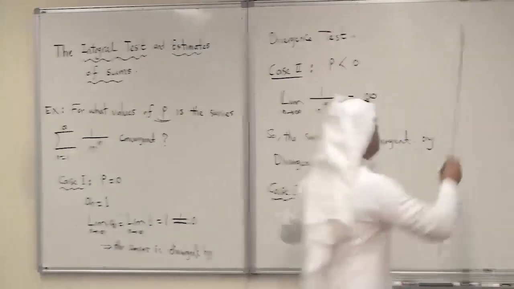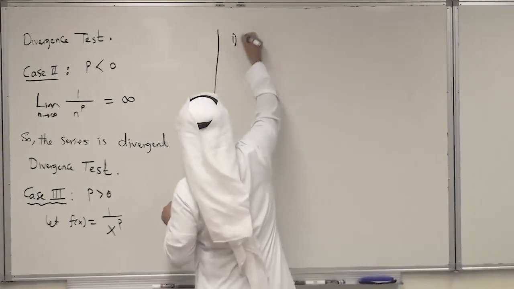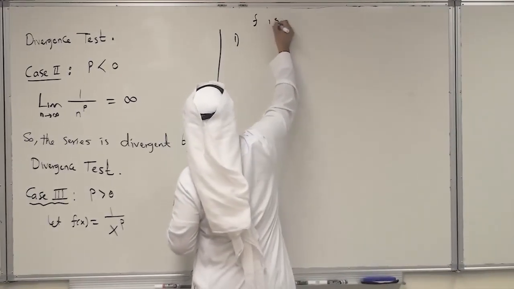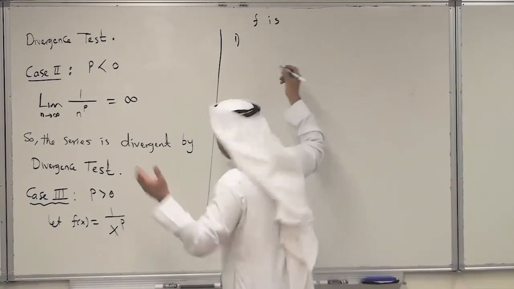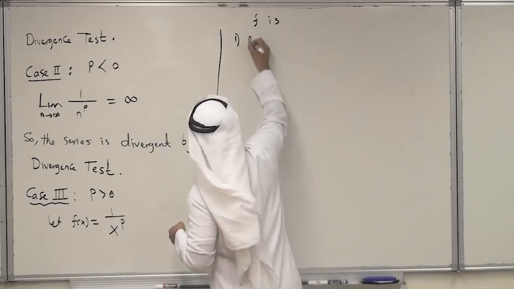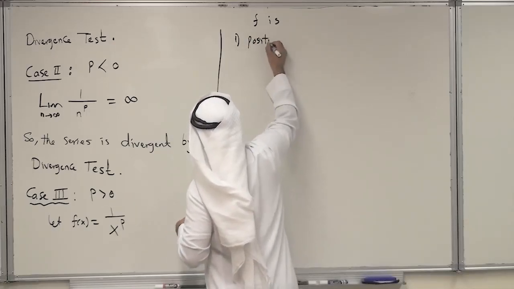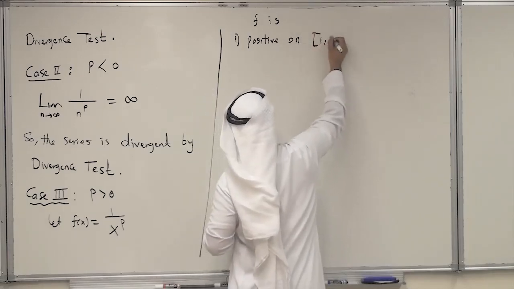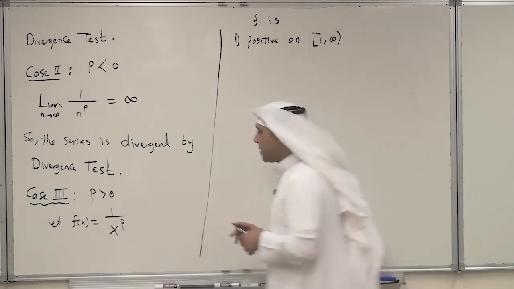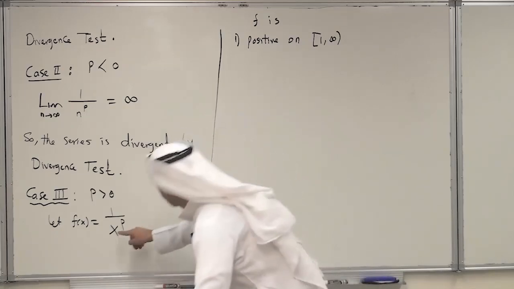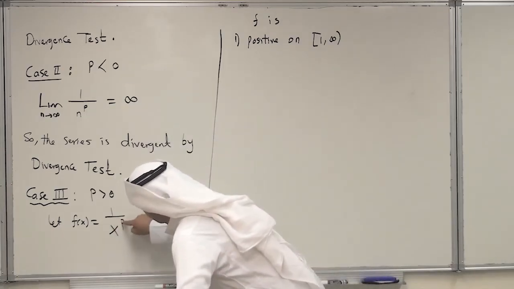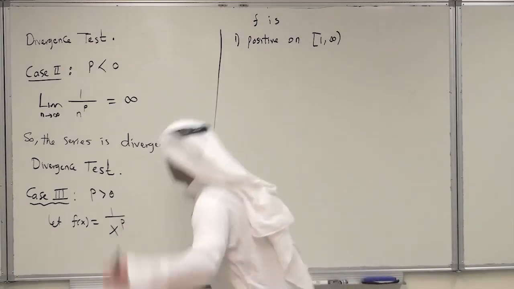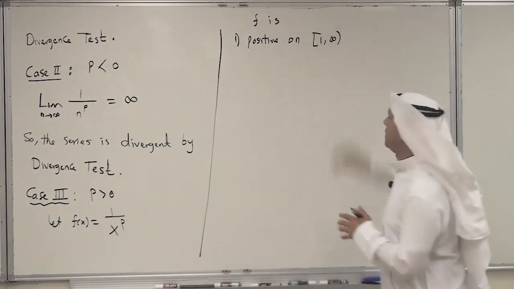Number 1, f is positive on this interval 1 to infinity. Why is it positive on 1 to infinity? Because if you substitute a positive number, you raise it to a positive exponent, that is positive, 1 over positive. So this condition is true here.